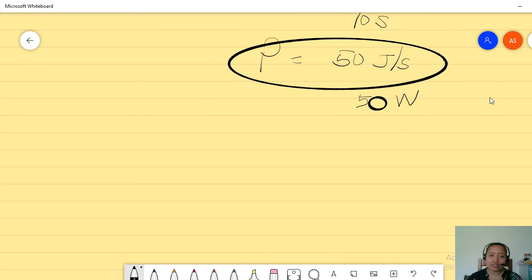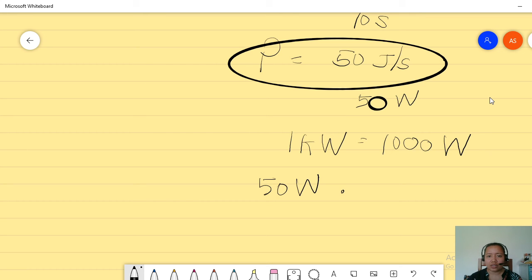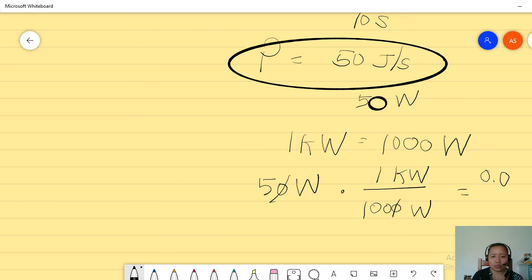And we all know that 1 kilowatt is equivalent to 1,000 watts. So if we convert this to kilowatt, we have 1,000 watts is equivalent to 1 kilowatt. Therefore, we are going to cancel, and then move how many zeros? 1, 2, 3.